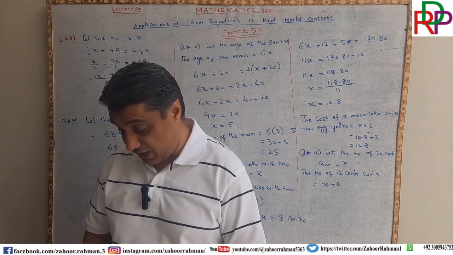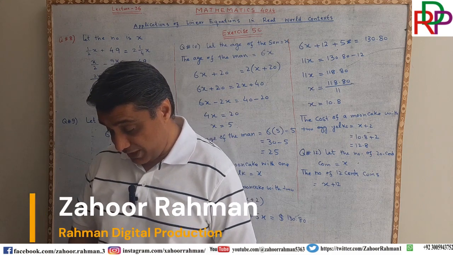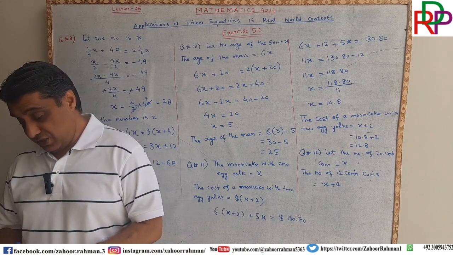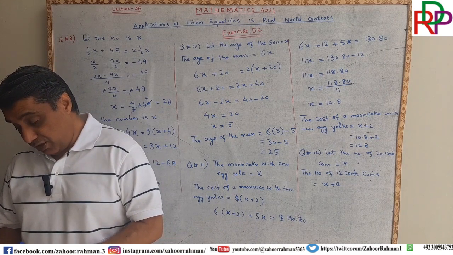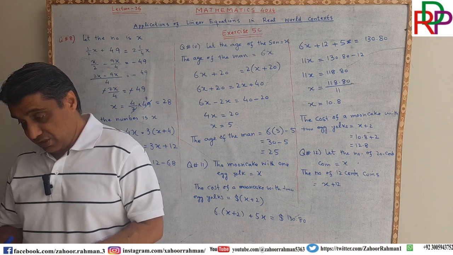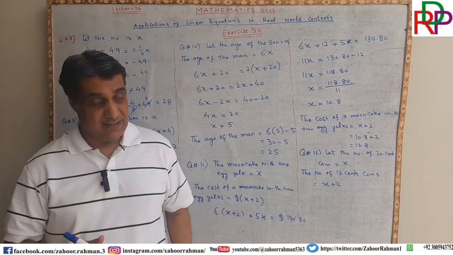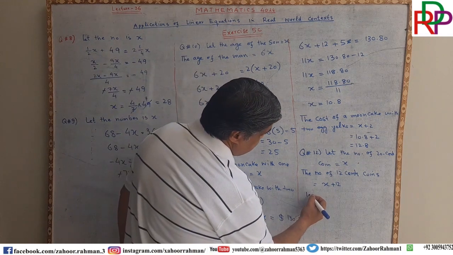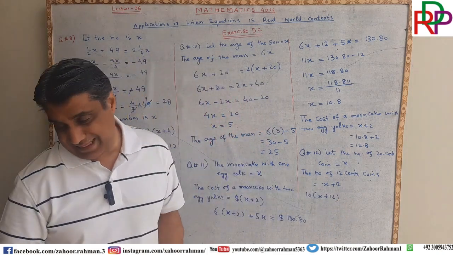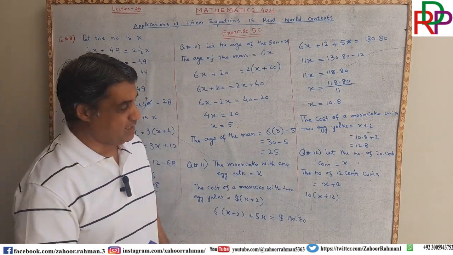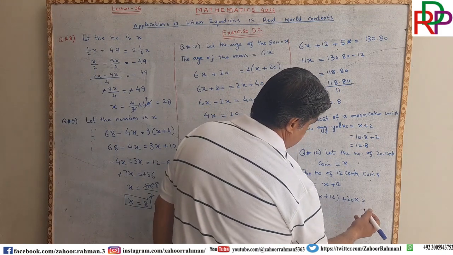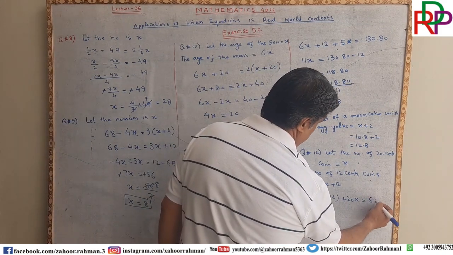The total value of all his coins is 5.40, which we have to convert into cents. So we have to write 10 times x plus 12, and then we are having plus 20x is equal to 540.